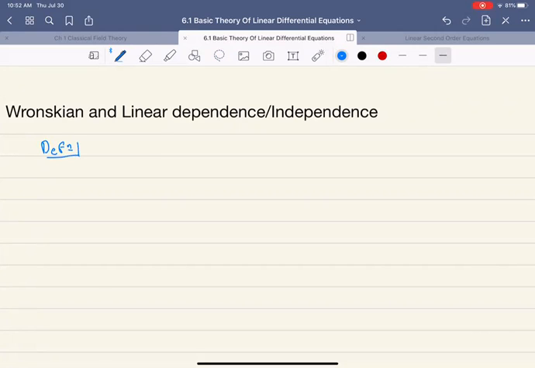Okay, let f1 through fn be functions that are all n minus 1 times differentiable.